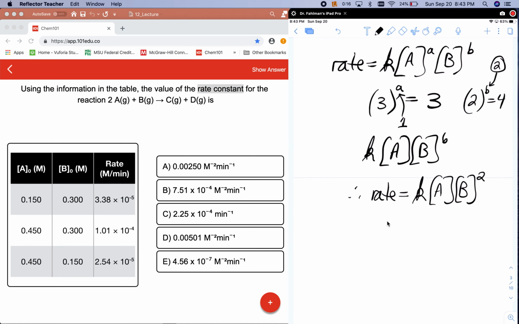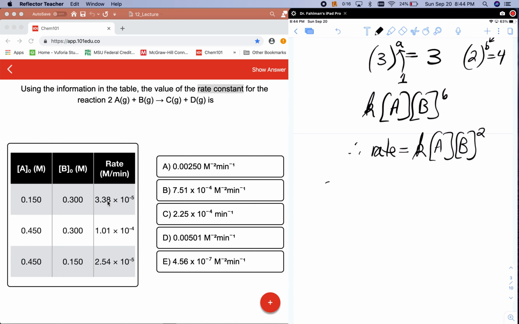For that, all you do is pick any experiment, because all these experiments will follow this rate law. So just pick experiment 1 and substitute values in for the rate, A and B, and then you solve for k.